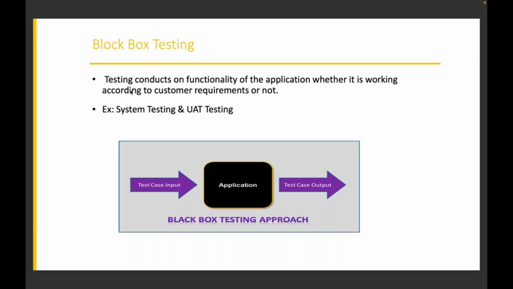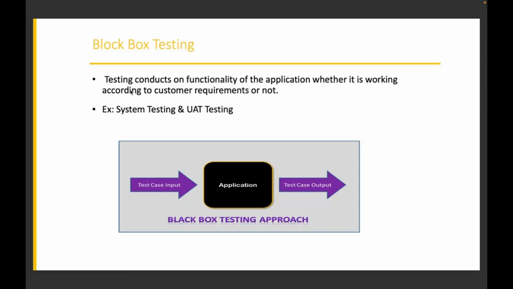In black box testing, you will not have any knowledge of what is happening in the code. You rely directly on the screens, Mockflow, Figma, InVision Studio, those types of screen validation. You will not check what code is written or which function it is calling. All those will not be part of system testing and UAT testing, guys.